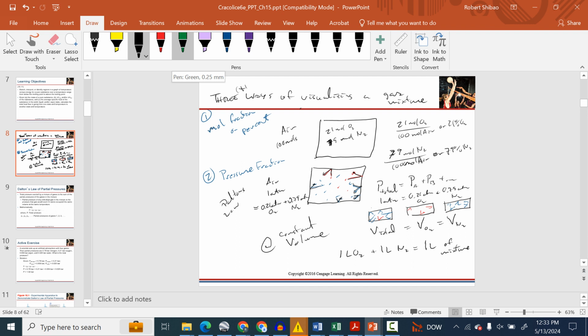And so over here, it's the pressure of the oxygen plus the pressure of the nitrogen that is going to make the pressure total. That is, I have to account for the collisions of the red and the collisions of the blue in the total. So that's what we call pressure fraction, or Dalton's law.